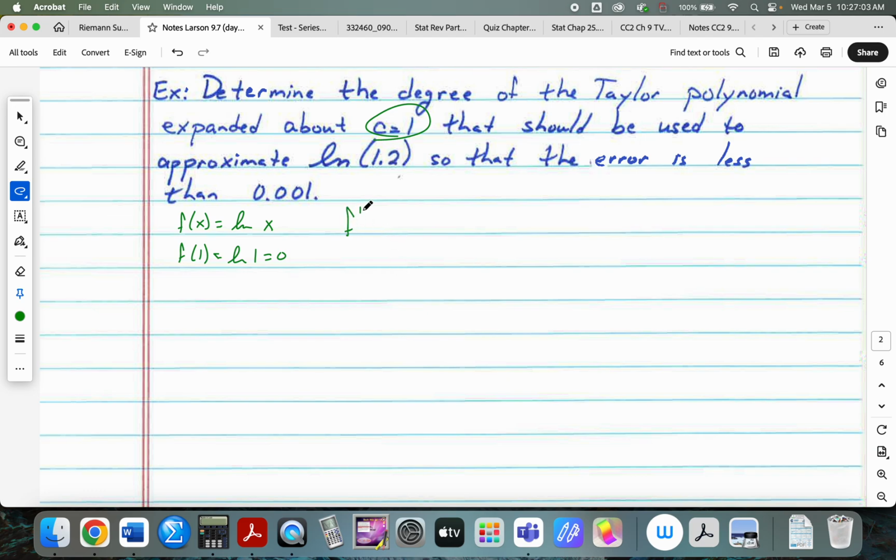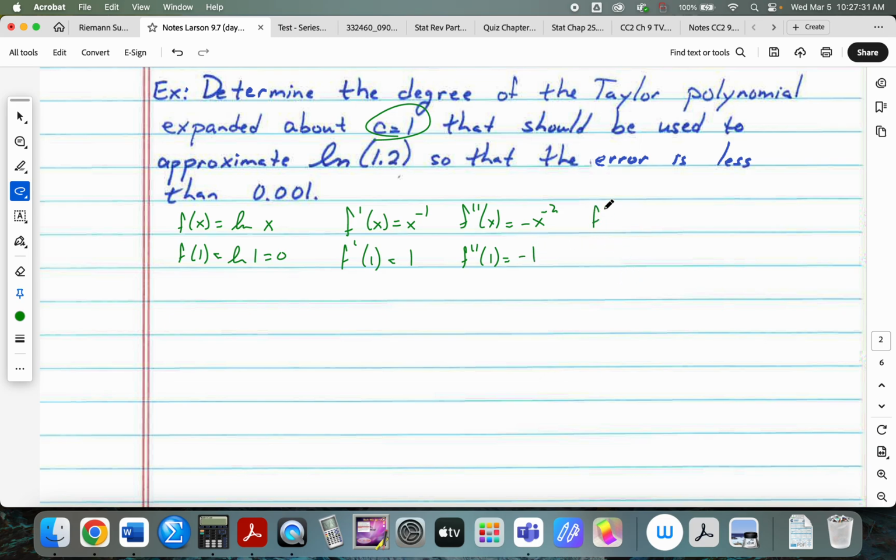Then f prime of x is x to the negative 1. f prime at 1 is 1. f double prime of x is negative x to the negative 2. So f double prime at 1 is negative 1.